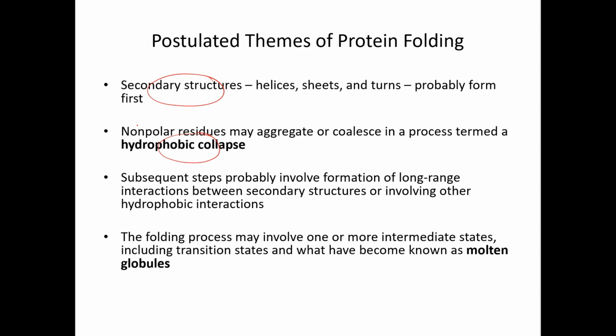And then, following this hydrophobic collapse, there's likely a rapid formation of long-range weak interactions between these secondary structures, where we have some hydrogen bonding, where we have some ionic interactions between charged residues, etc. Things like this, which will give us further refinement and even further reduce the degrees of freedom in the structure that are subject to random sampling.